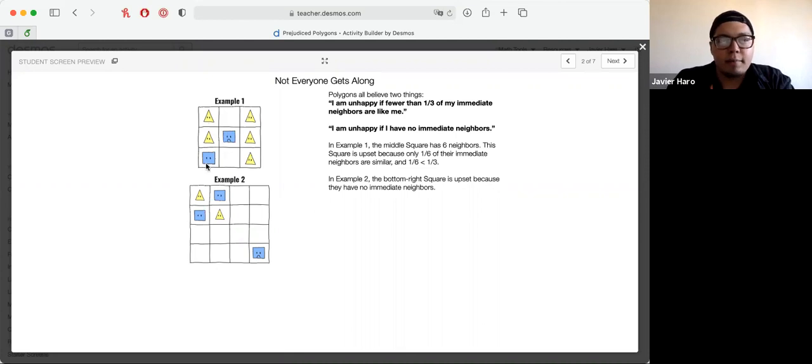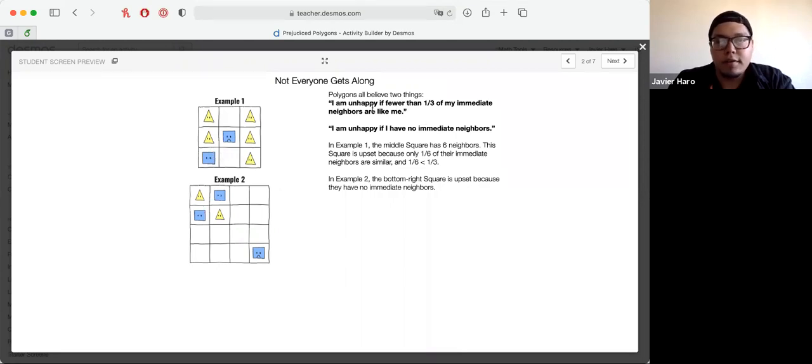the neighbors that it has are 1 square and 5 triangles. So we got 1, 2, 3, 4, 5 triangles, and it has 1 square neighbor. But the problem is that only one of those 6 neighbors is like himself or herself, like a square, right?